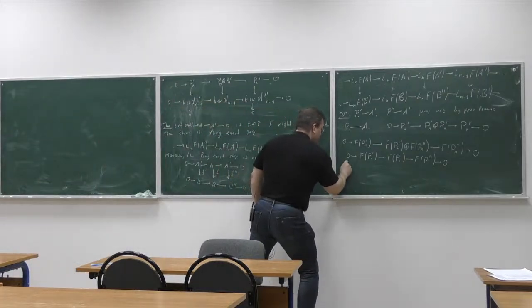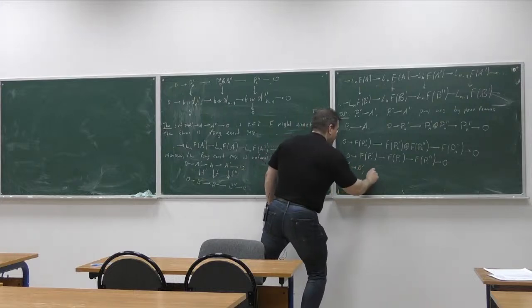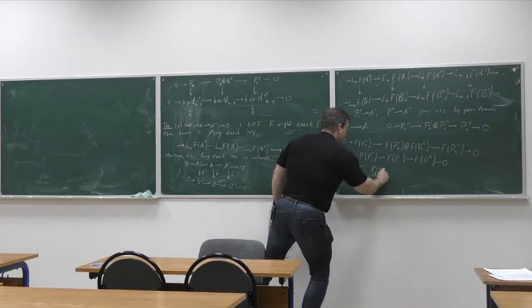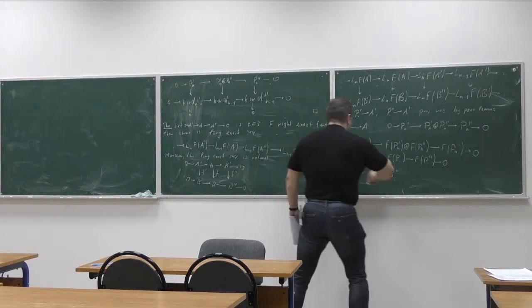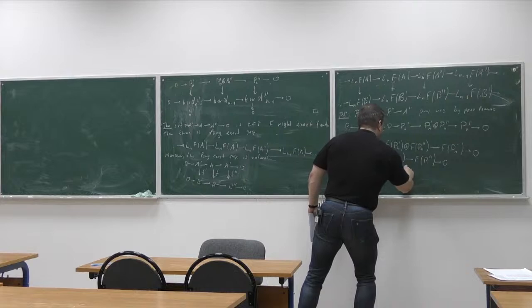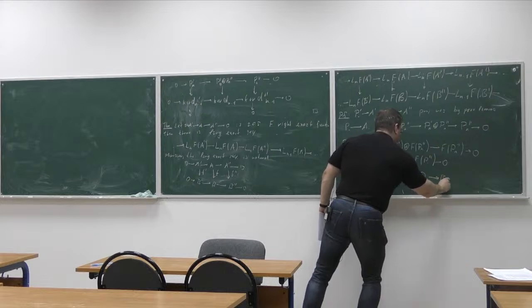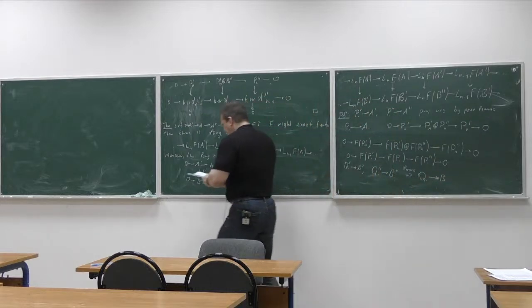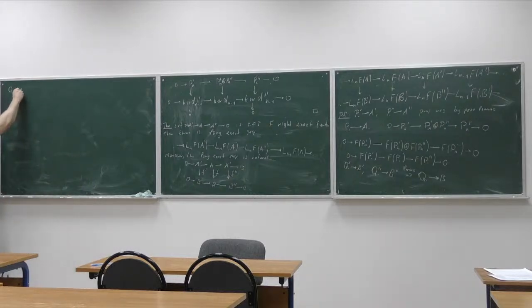So I have Q prime, the resolution of B prime, and Q double prime, the resolution of B double prime. And again, by the horseshoe lemma, I can produce a resolution Q for the middle term B.